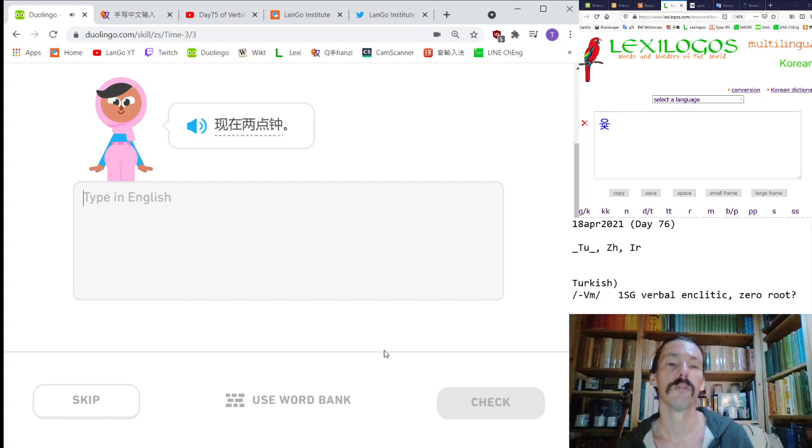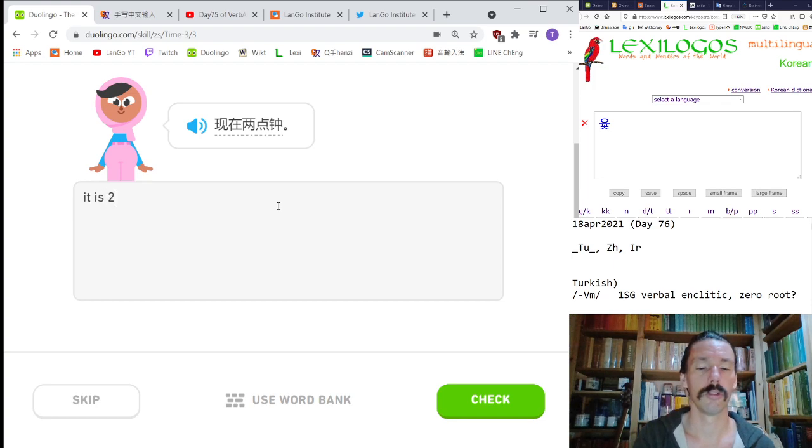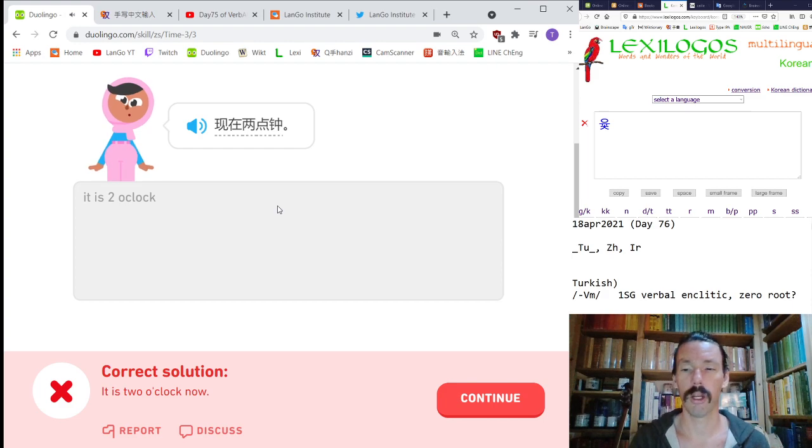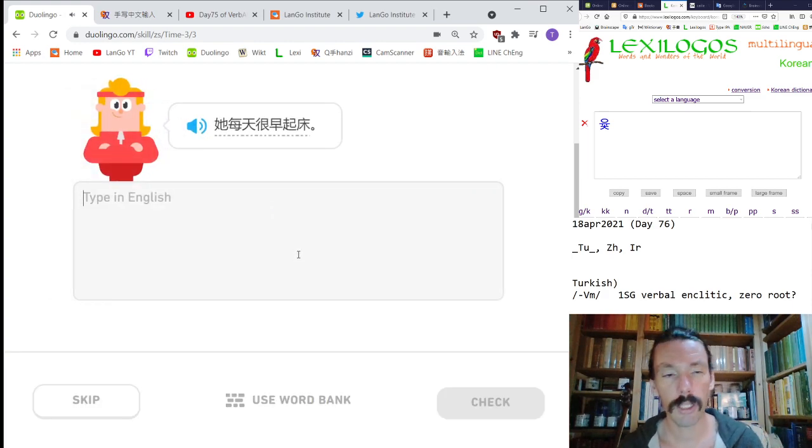现在2点钟。 Structure, topic, 现在 now. The rest comment. It is 2 o'clock. It is 2 o'clock now. 他每天很早起床。 很早, is it 早 sounding rising? 起床. She every day, very early, gets out of bed.